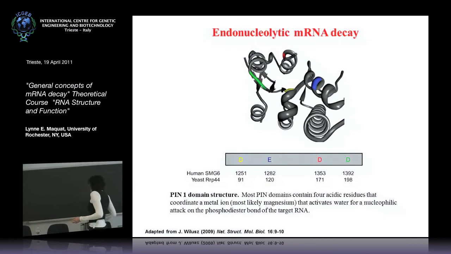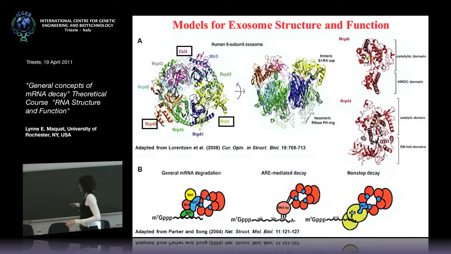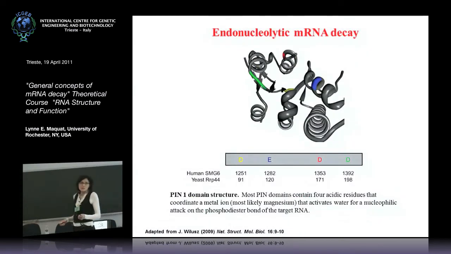I've just told you that these two activities are responsible for the 3' to 5' exonuclease function of the exosome. And I want to mention that RRP44 has an endonuclease activity in addition to its exonuclease activity. That was discovered because there is a PIN domain. Nobody really understands the significance of the endonuclease activity.